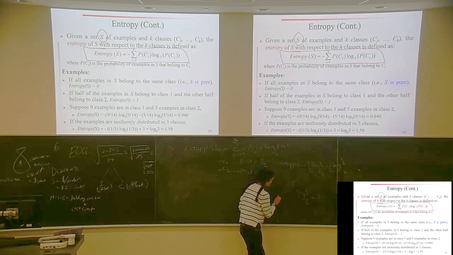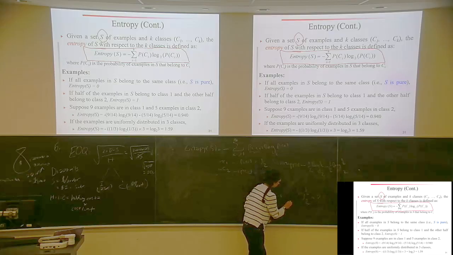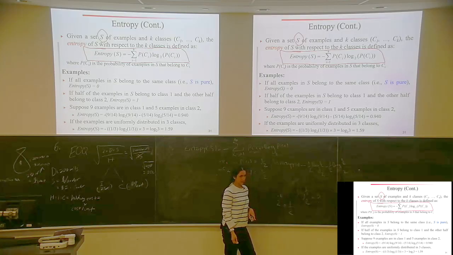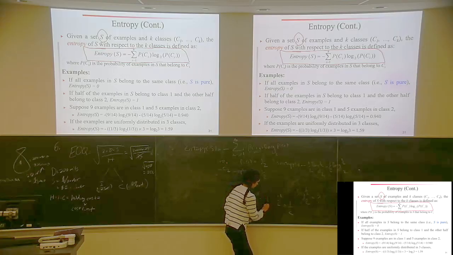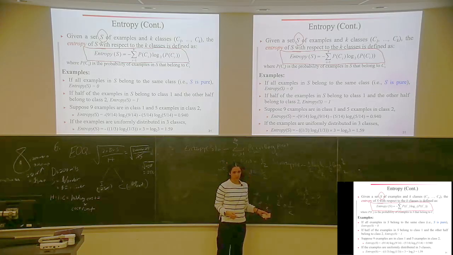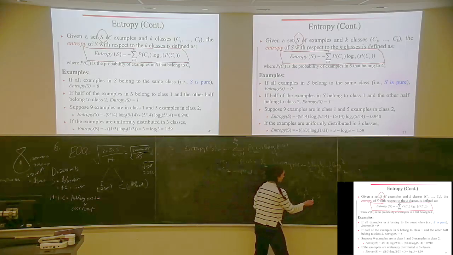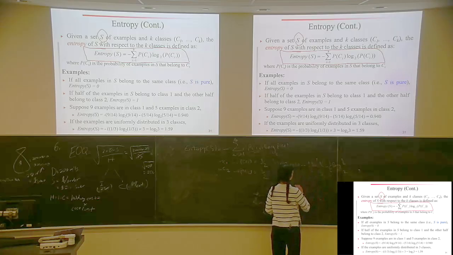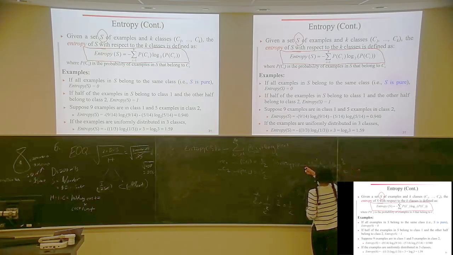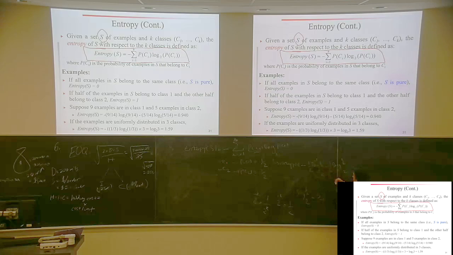Because 2 to the power of minus 1 is equal to this, right? 2 to the power of minus k is 1 over 2 to the power of k. So here we have minus 1. So we have minus 1 over 2 multiplied by minus 1, which is 1 over 2, plus 1 over 2, which is 1.